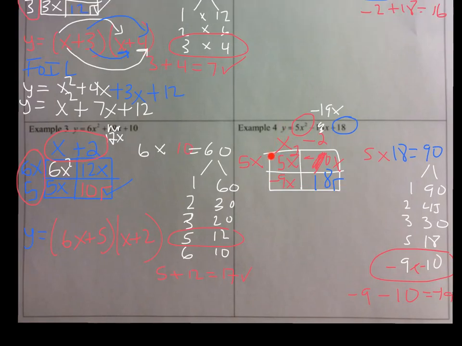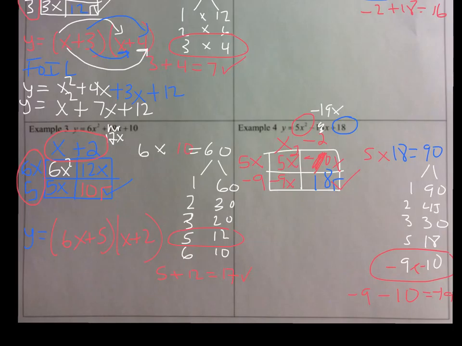Alright, now you're going to ask yourself, we're going to use this x in the top left and multiply by what value will give us a negative 9x, which would be a negative 9. And then the last piece, you're going to check if negative 9 times a negative 2 gives us a positive 18. And it does. So a check mark here just to show that we did it correctly.